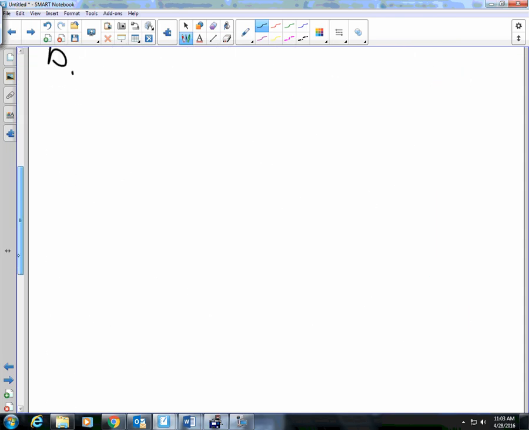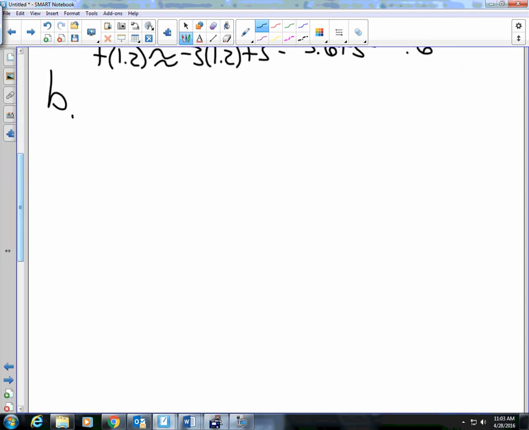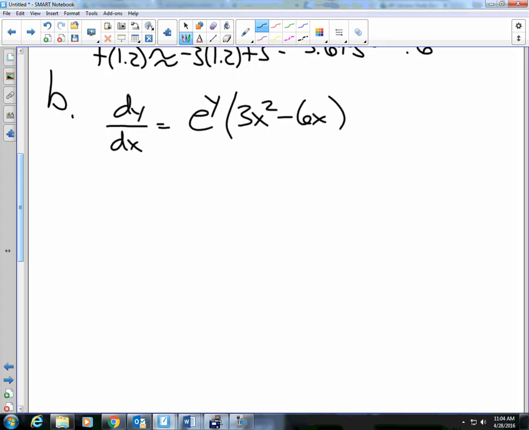So let's do that. We have to set it up. I have dy over dx is equal to e to the y times 3x squared minus 6x. So I must start by separation of variables. I will gather my x's with dx and my y's with dy.